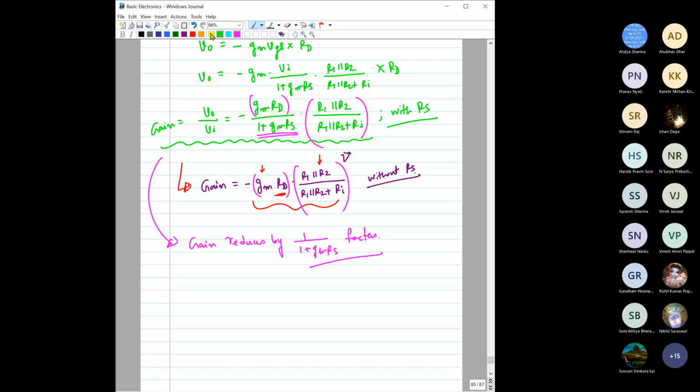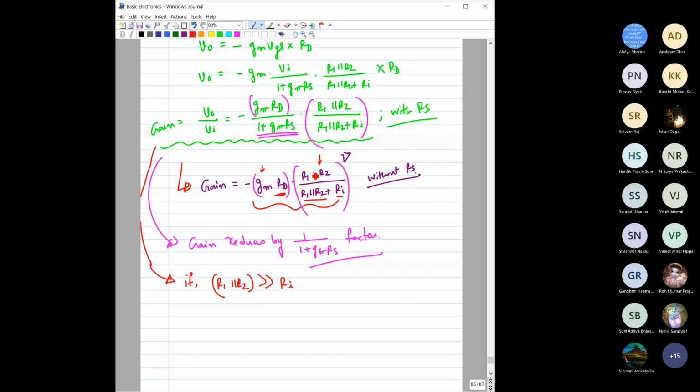Now we can do one small approximation here, similar to what we did for the bipolar junction transistor. Let me write the assumption first. If R1 parallel R2 is much greater than Ri, then you can probably neglect this.